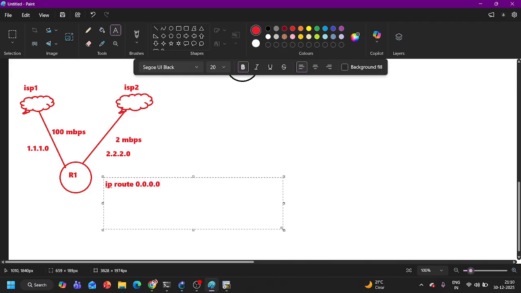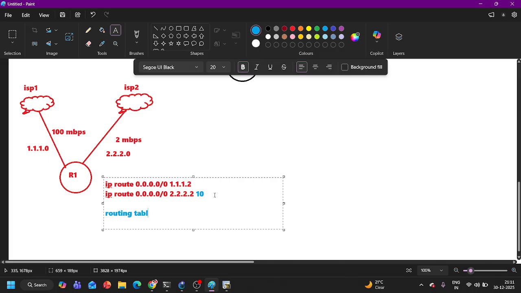IP route 0.0.0.0/0 via 1.1.1.2, and IP route 0.0.0.0/0 2.2.2.2 and AD value 10. What is this? This is the AD value, right? So in the running configuration it will install both, and in the routing table it will only install the best one.